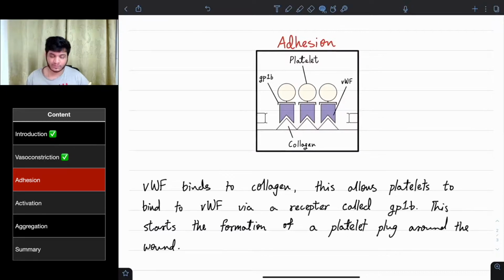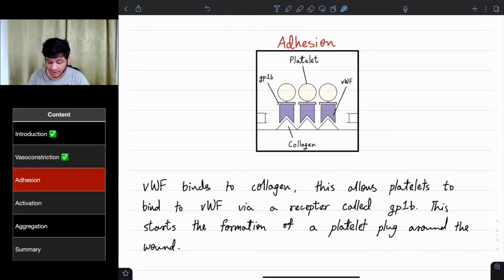So this is very simple. Whenever there's an open cut to our blood vessels, or a cut in our arm or our hand or our legs, endothelial cells would obviously get damaged, right? They produce VWF, which is von Willebrand factor, and that von Willebrand factor binds to the exposed subendothelial collagen.